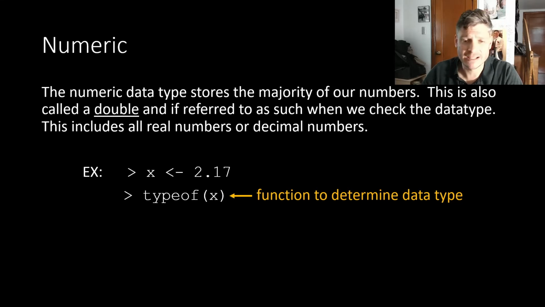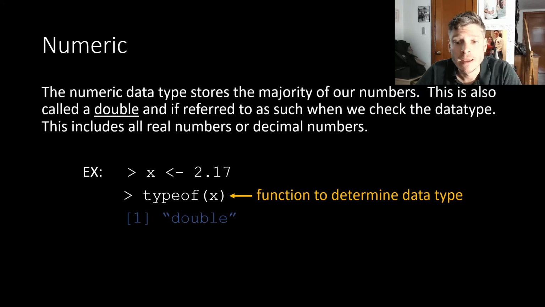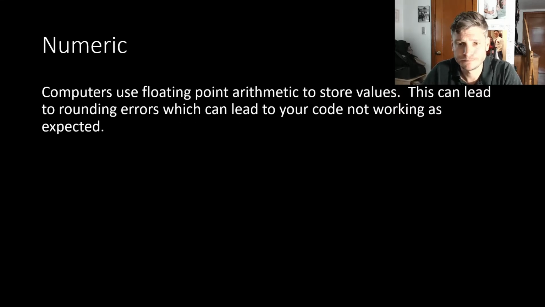In this case, if I say typeof(x) because that's my variable I'm looking at, the type of x is going to show up as double. And again, double means a numeric value that can basically store decimals for us.